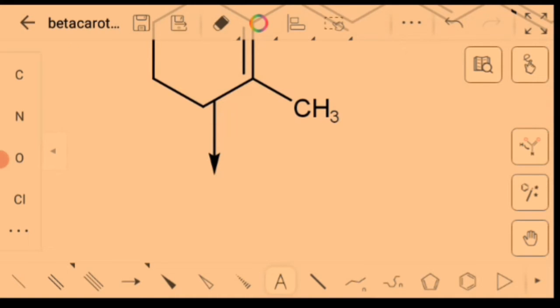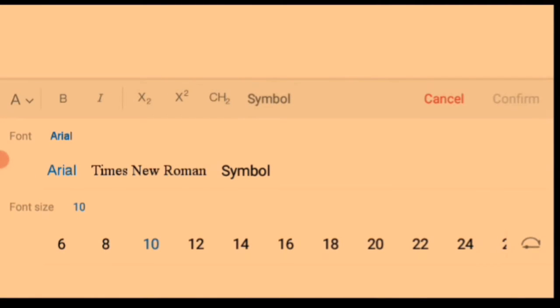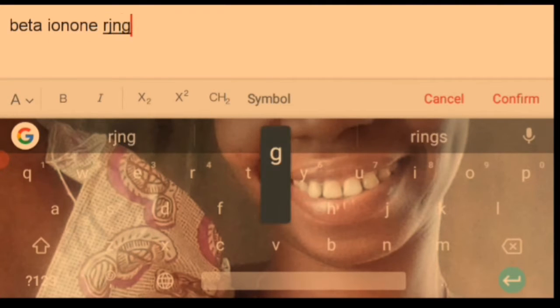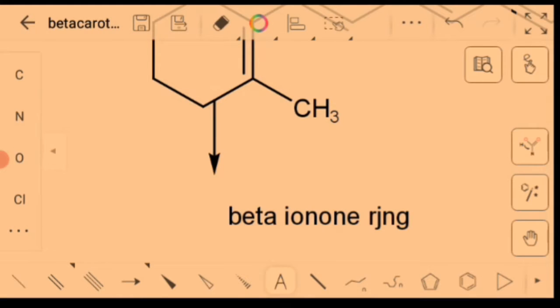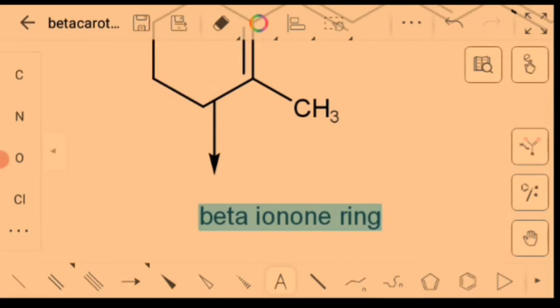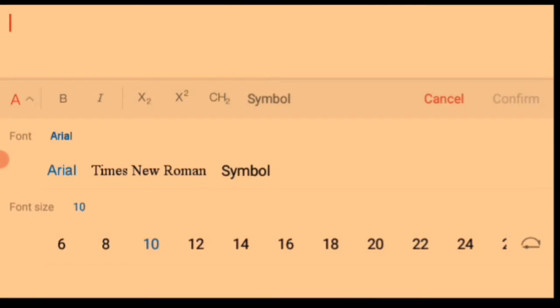I just click text now, and I'm going to label it as our beta ionic ring. Then I'm going to move it here.